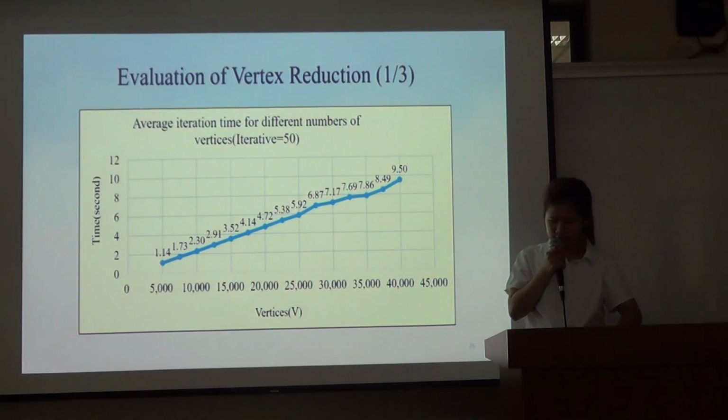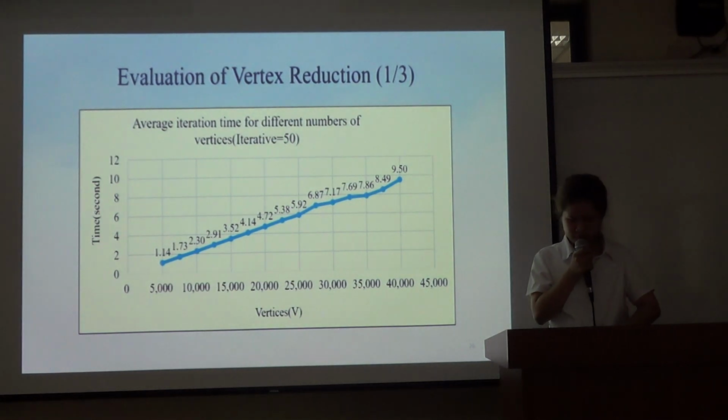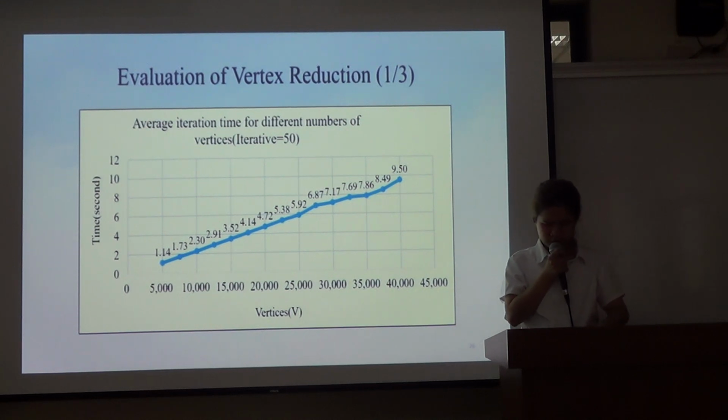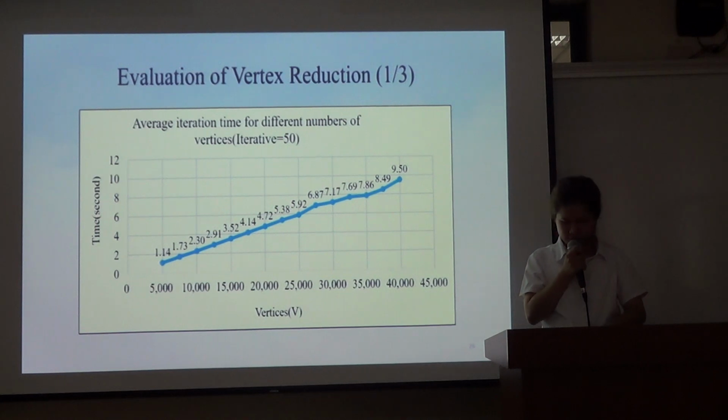In the effect of vertex simplification, this is the average iteration time of different numbers of vertices.